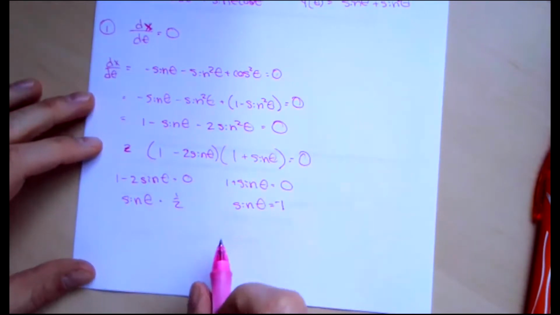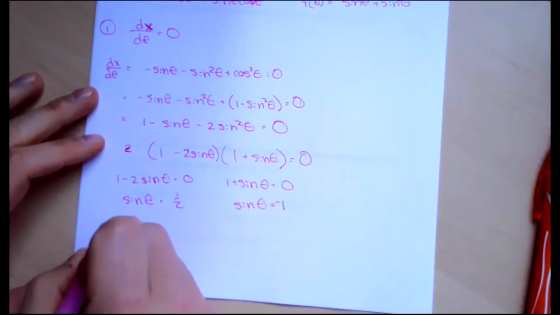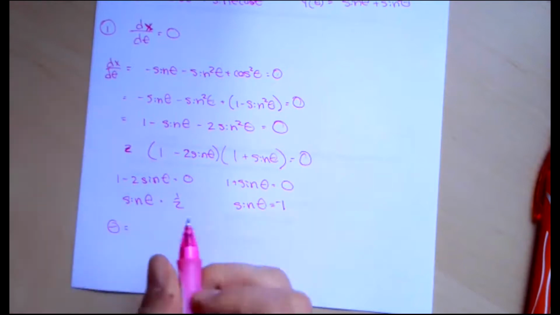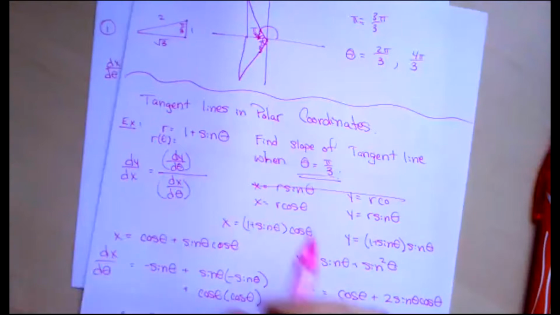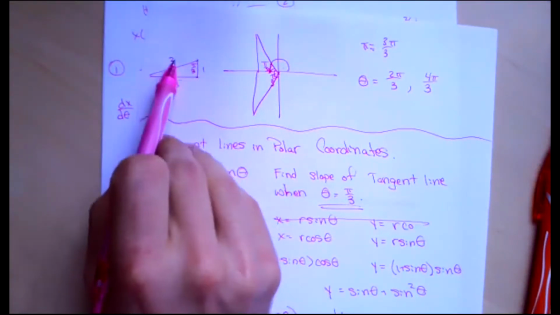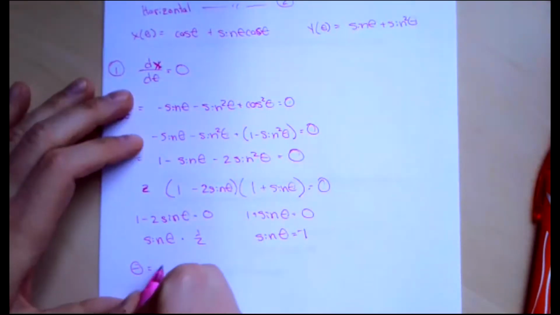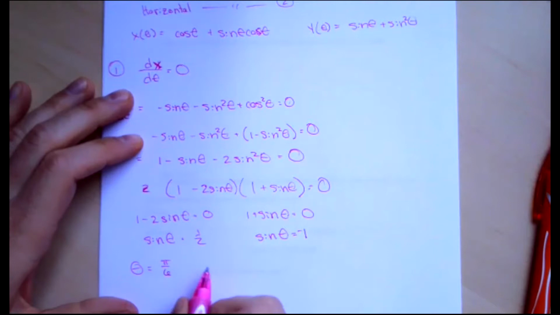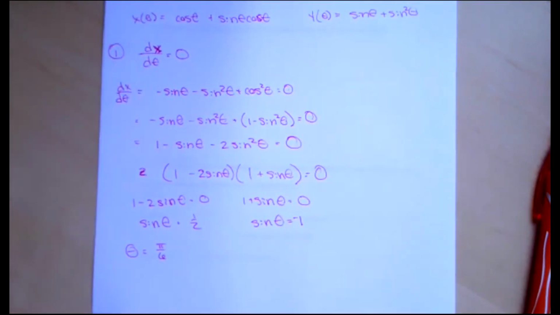This is all kind of back to pre-calc. When is sine of theta 1/2? 1/2 will give me a pi/6 reference angle. Since it's a positive 1/2, everything is positive in the first quadrant, so I will have that exact reference angle.